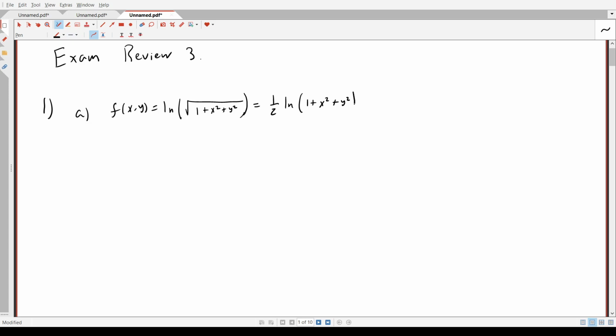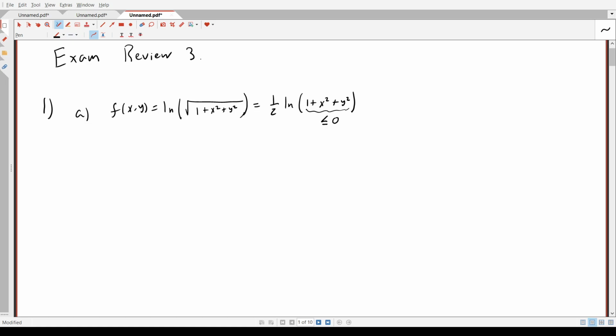Now the question I want to ask is, are there any values where this is undefined? Well, when is natural log undefined? Natural log is undefined when whatever's inside is less than or equal to 0. The places where it's undefined are the values not in my domain. Is it possible for this to be less than or equal to 0?